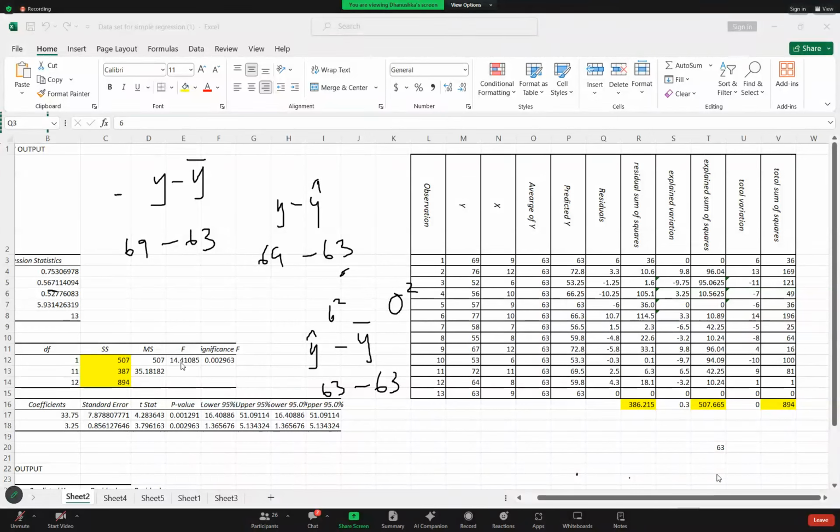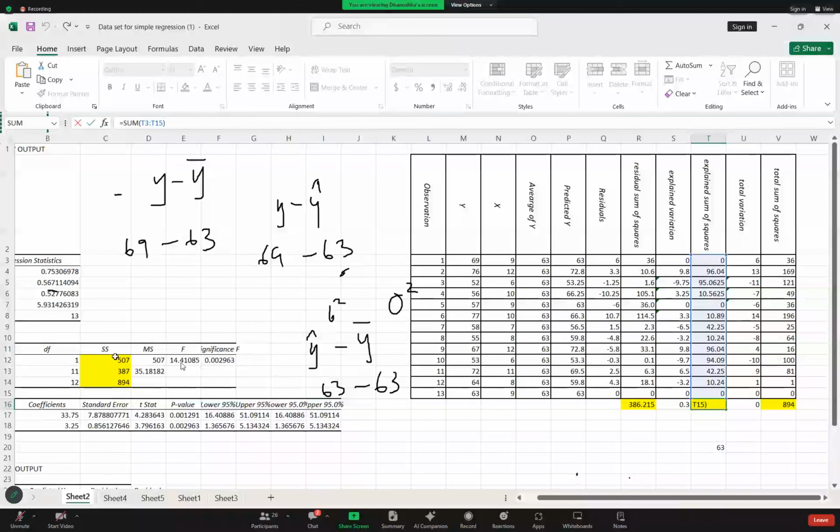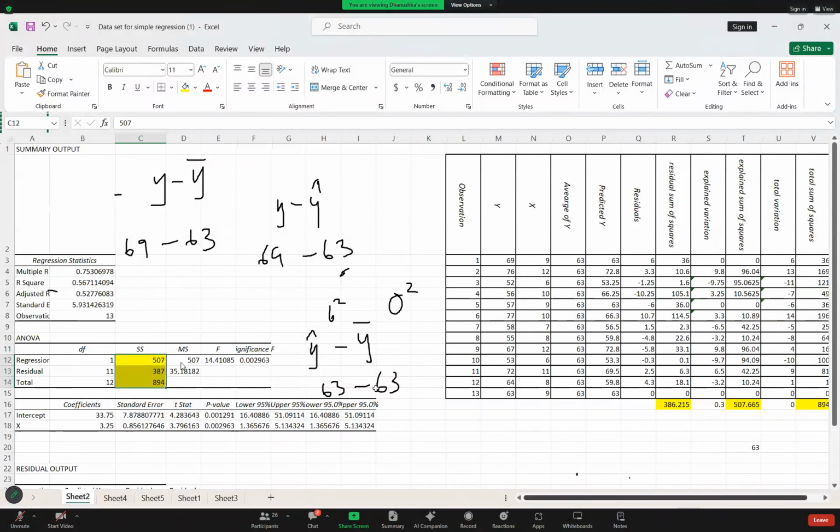You can see here the sum of these values is the residual sum of square. See, the same value is here. Then this is the total explained variation. The sum of this, the same value, is here. This is the total variation. Okay. Now you can see how to calculate these values and how to calculate R square.